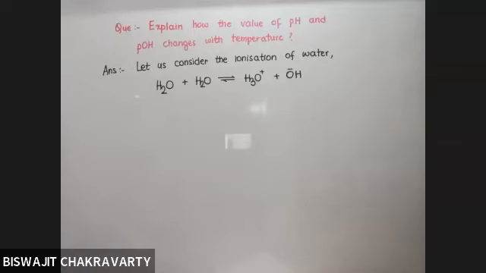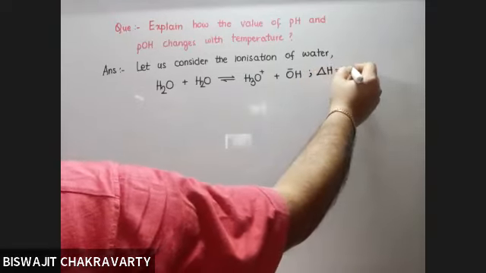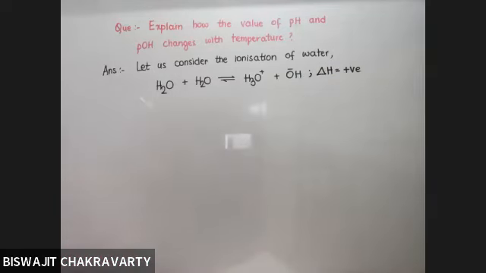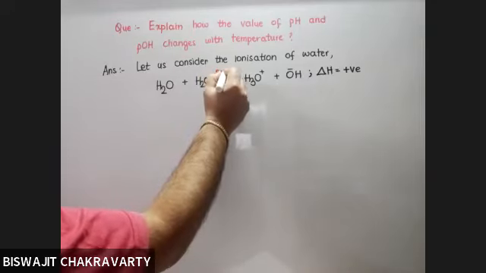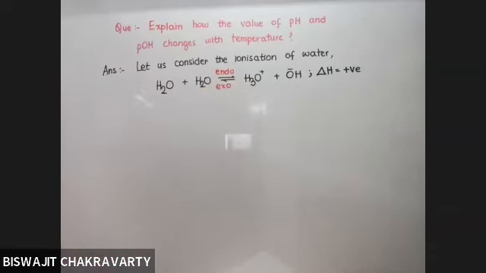Because energy is required to break anything, and because water is breaking down to give H plus and OH minus, it has to be endothermic. So we can write delta H is equal to positive for it. So the moment I write delta H equal to positive, the forward direction is endo, backward direction is exo, isn't it?